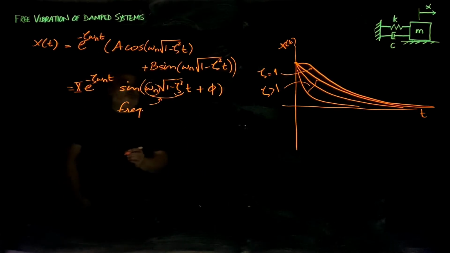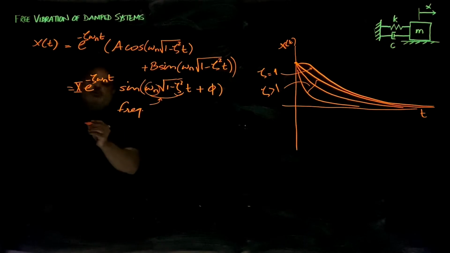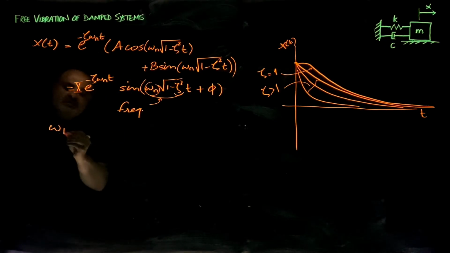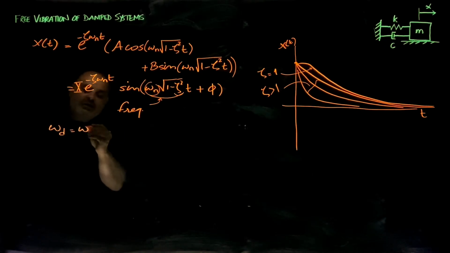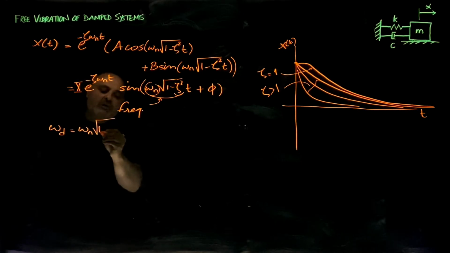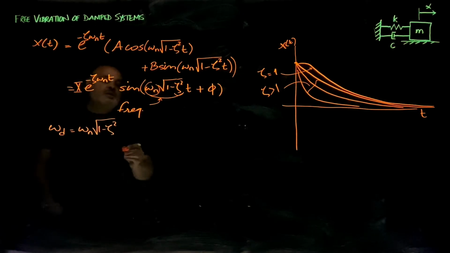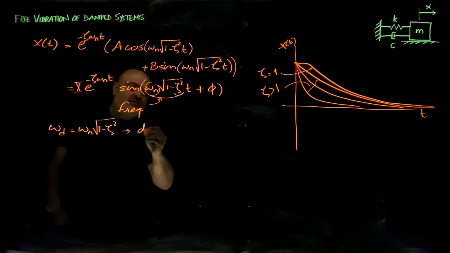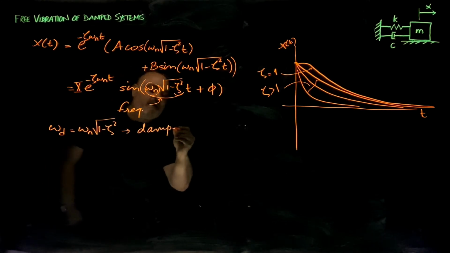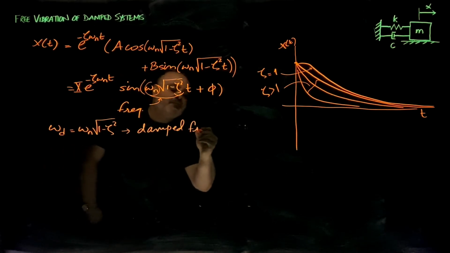I will call this the damped frequency: omega d equals omega n square root of 1 minus zeta squared.